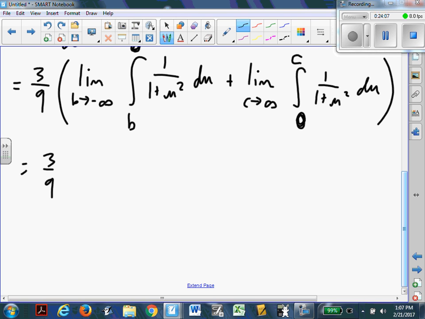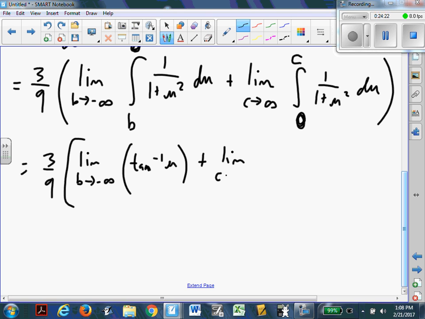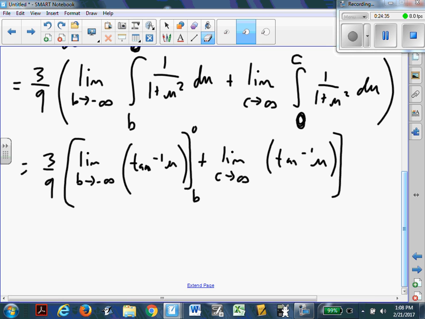This winds up being the limit as b approaches negative infinity of arctan of u, plus the limit as c goes to positive infinity of arctan of u. And this goes from b to 0, and this goes from 0 to c.